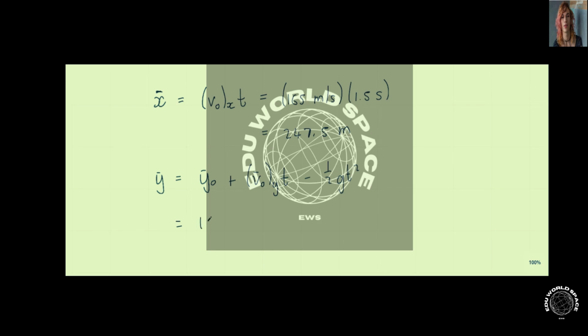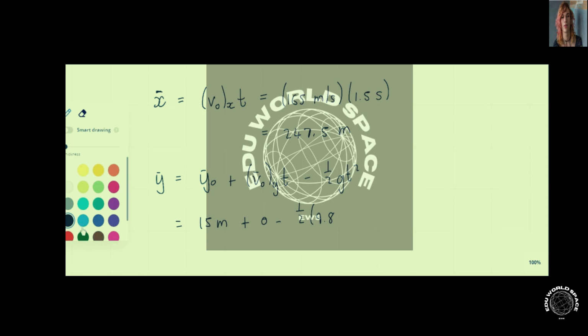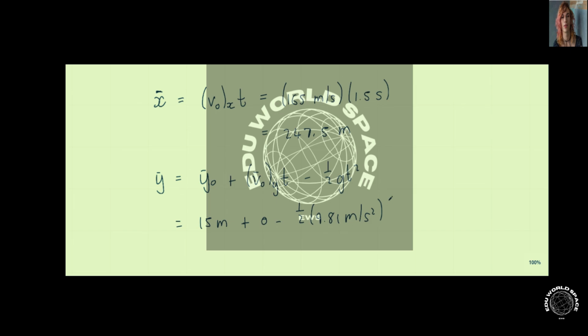So this is equal to y naught, its initial height, 15 meters, plus its initial speed in the y direction, which is 0, minus a half times g, which is 9.81 meters per square second, multiplied by time t, 1.5 seconds squared.